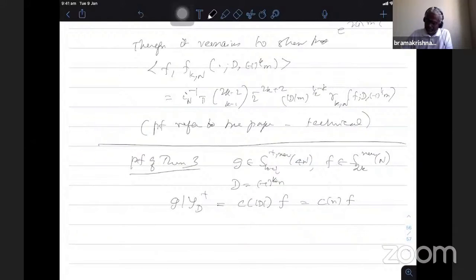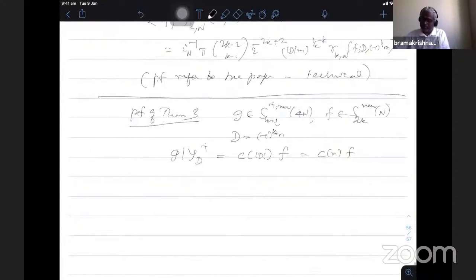So I start with the g in new form, apply the Shimura map. I know that f is the corresponding new form. Therefore, I get this identity. Similarly, if I take this f in the new form space of level n and apply the Shintani map, because the Shintani and Shimura maps commute with the help of Hecke operators, the resulting form is an eigenform in the plus mu space.